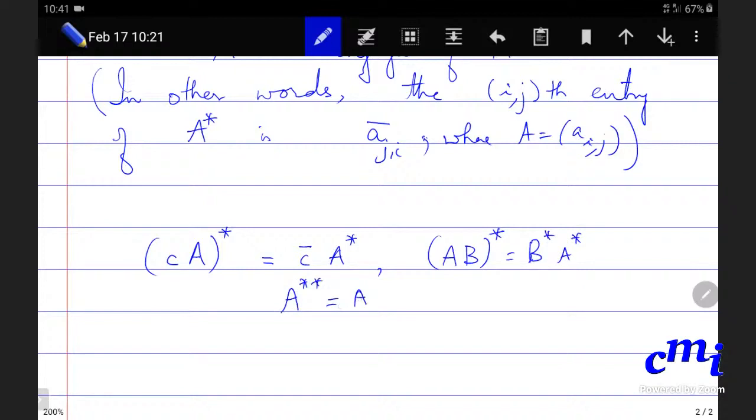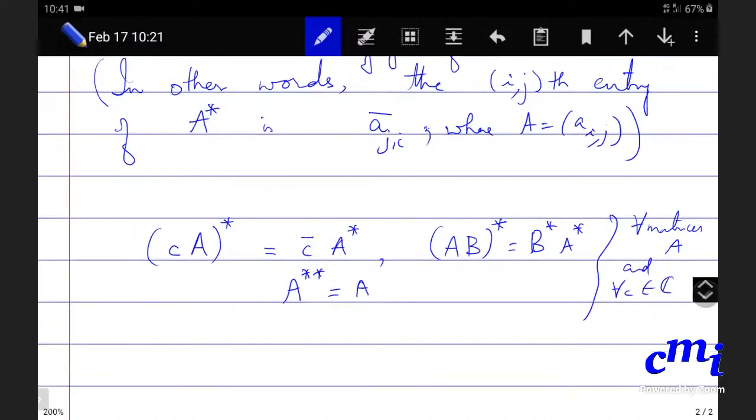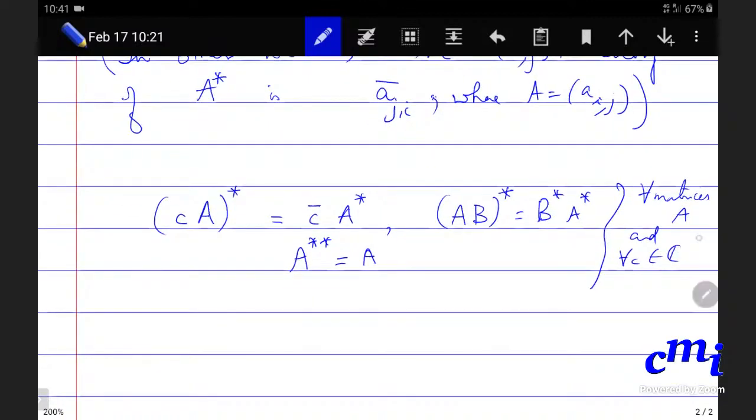So this is for all matrices A, B, and for all little c in the complex numbers.